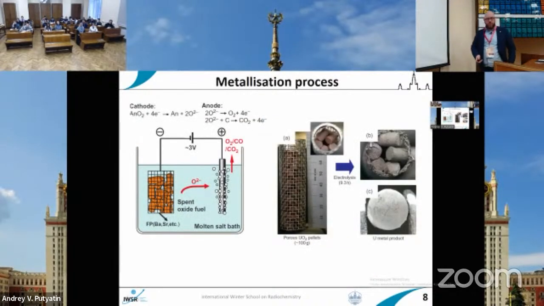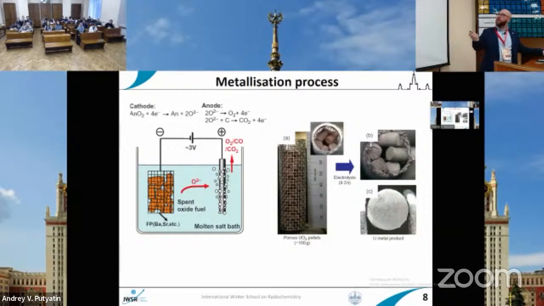How to produce metal fuels, as we are using mostly dioxide fuel, uranium dioxide, or MOX fuel, which is also uranium-plutonium dioxide fuel? To do this, there is a possibility to use an electrochemical reduction or metallization process.